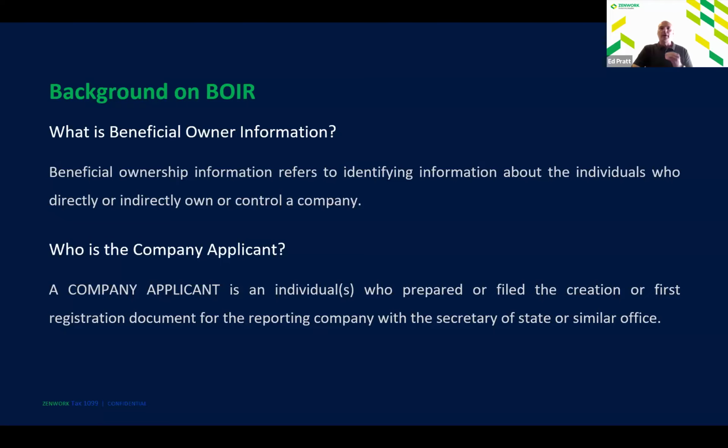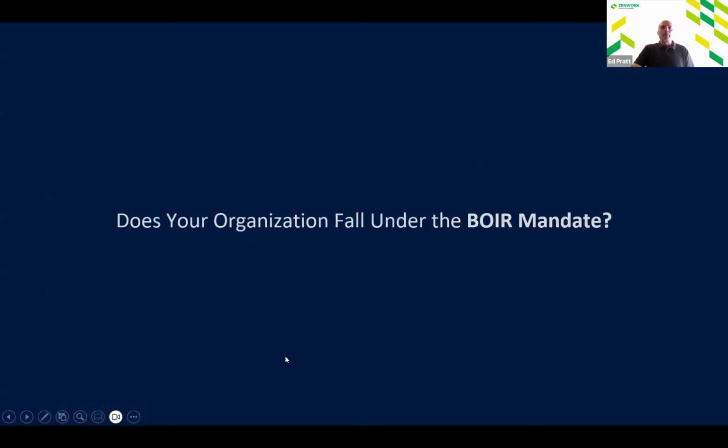That makes sense, right? If I own a small business, it's just me, I'm the only person who's working for the business, then I may be doing the application myself, and I'm also the beneficial owner. If I own a business and my wife works with me, she may be doing the company application, she may be the one filling that out, but I'm the beneficial owner of that information. I may have my CPA do that for me as well.